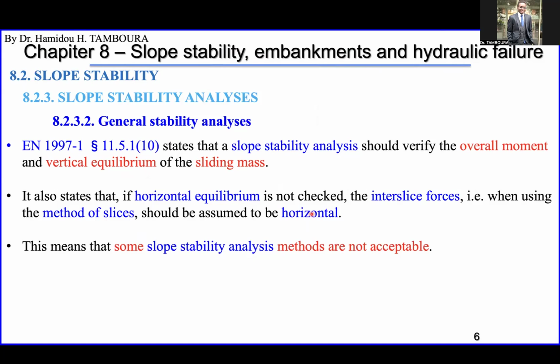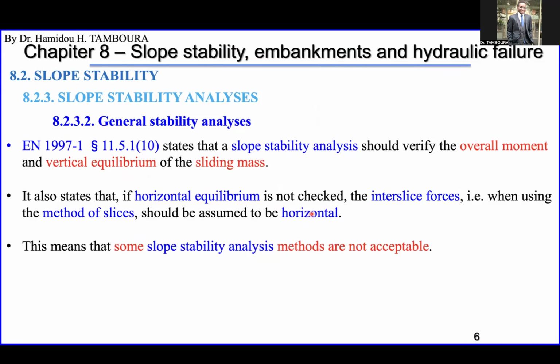For those who studied soil mechanics 2, and if you didn't study that, I recommend you go to my soil mechanics class, there are several methods to analyze slope stability. Okay, Eurocode didn't really bring something very new.